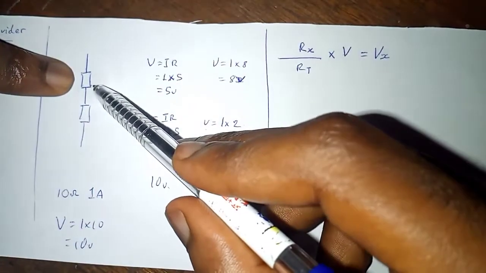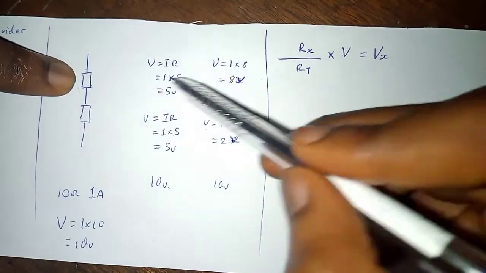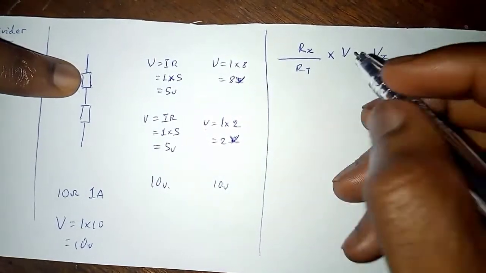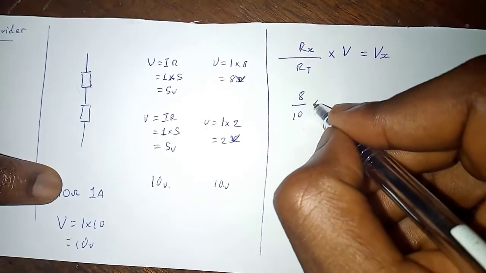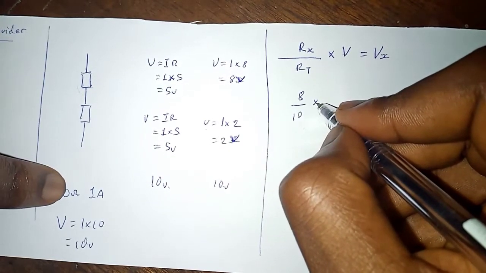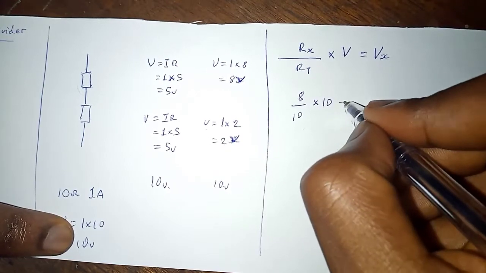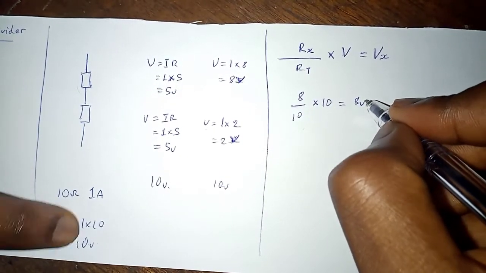If this was 8 ohms as we calculated here, we would have 8 over the total resistance 10, times the total voltage 10 volts, which is equal to 8 volts. Same thing for this.